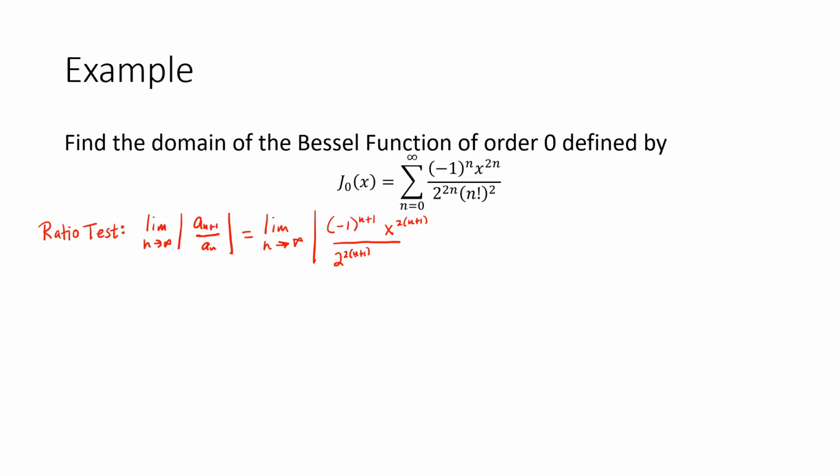We have 2 times (n plus 1) in the power here and here. And then down here we're going to have (n plus 1) factorial, and then that whole thing squared. Okay, so that was just putting in n plus 1 everywhere I see an n. And then we'll multiply by the reciprocal of the nth term here.